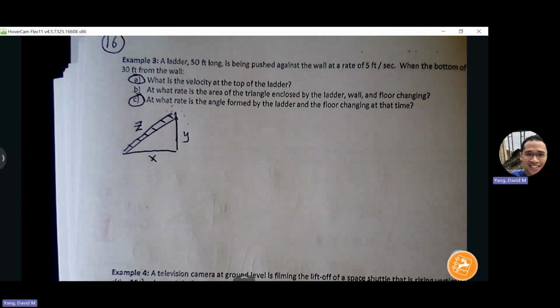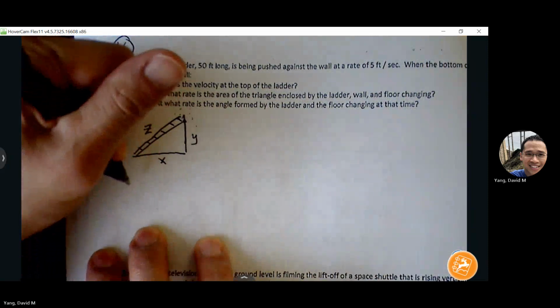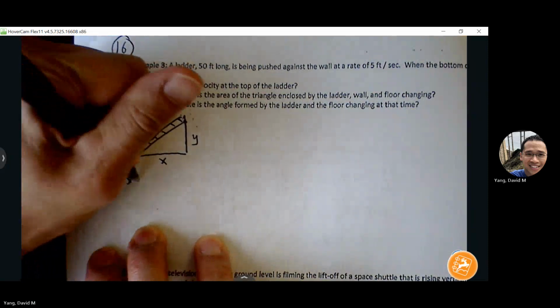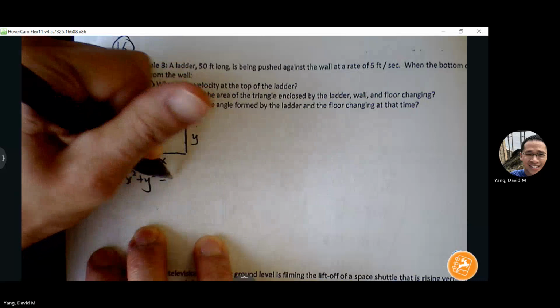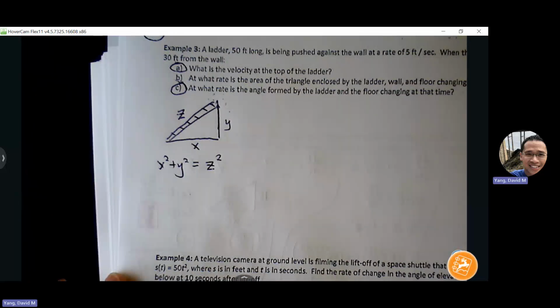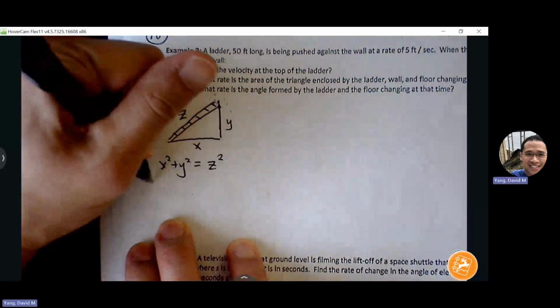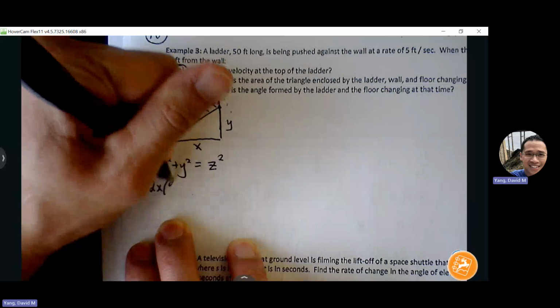Okay, so we know the Pythagorean theorem is going to relate these three sides here. And I want to make sure I save enough space so I can get to part C here. Okay, so the derivative: 2x dx/dt.